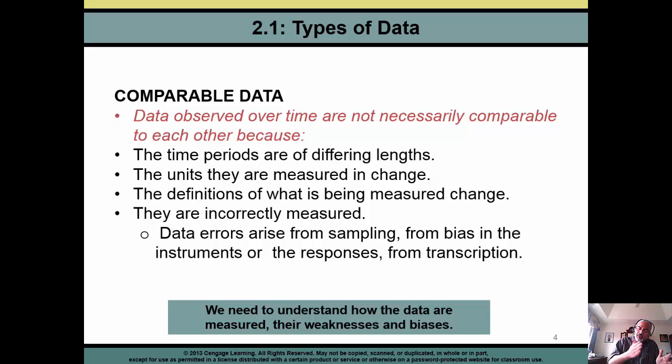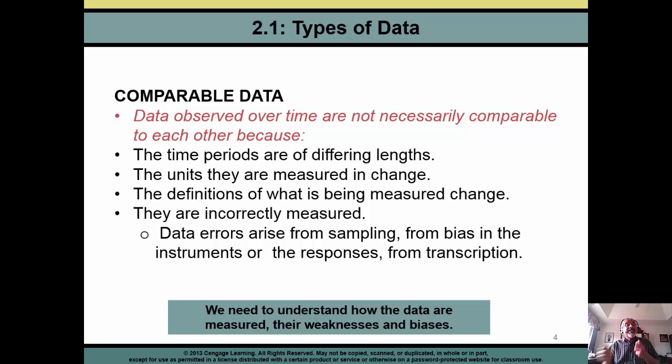Now, when you're trying to do forecasting, you want to make sure that the data that you gather over a time period in a time series are comparable data. So you cannot, for example, gather data about a family of products in one time period and then individual products in a second time period. And another way is you cannot have the first time period be 1 week and the second time period be 1 month.